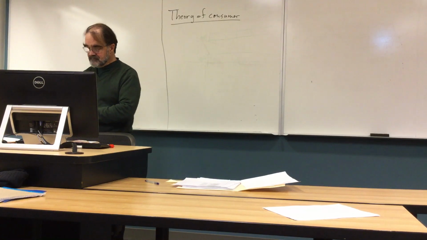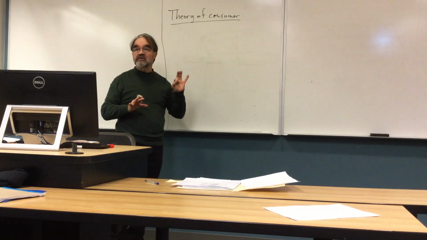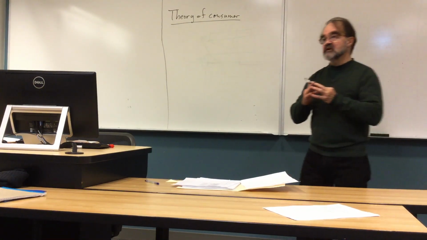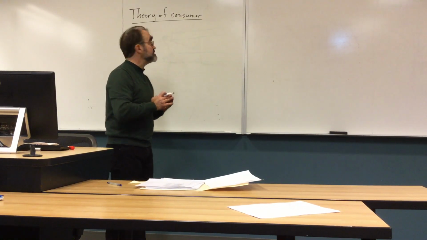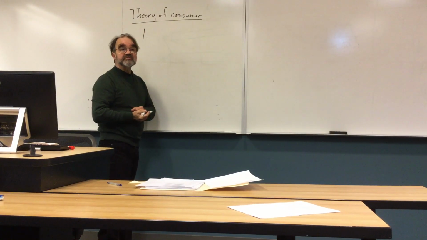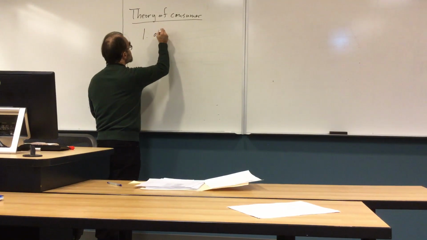Okay, and the way we're going to understand the consumer's behavior is in 3 steps. And these are the same 3 steps that we use in any kind of decision theoretic model, any kind of economic model of decision making. So the 3 steps are, first of all, the consumer has goals, has objectives.